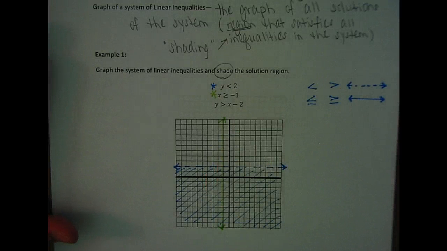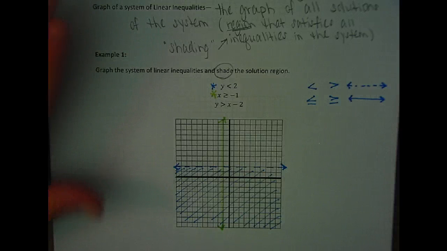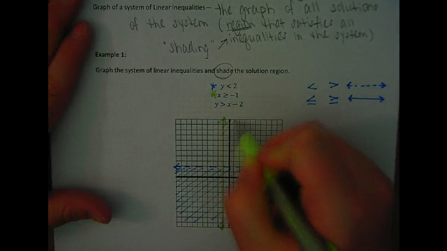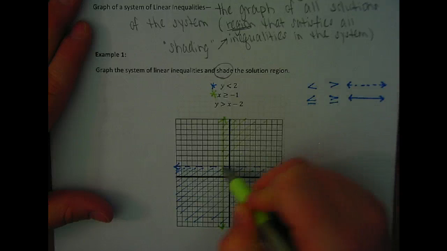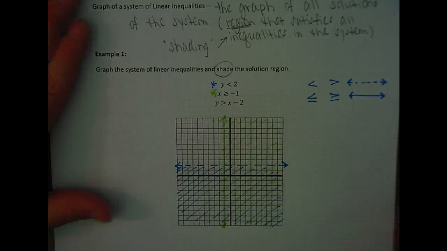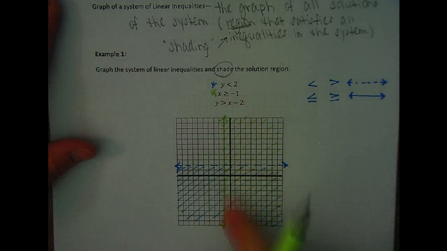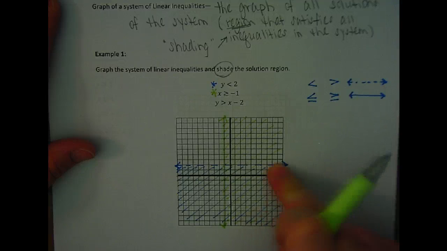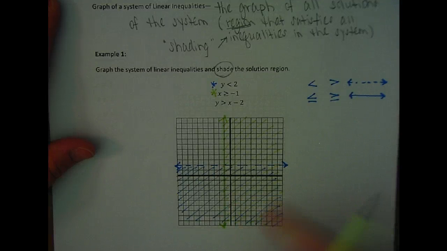And greater than or equal to would indicate everything in this direction heading toward the positive. So far you see that this is the double shaded region. It's the overlapped region.